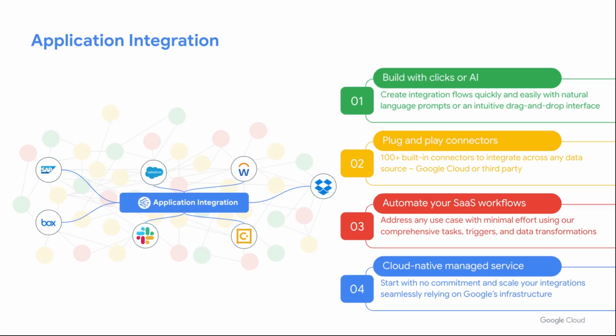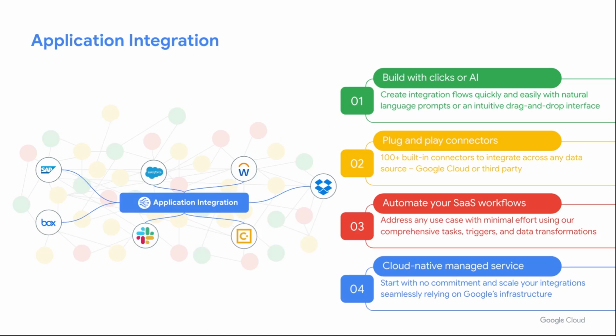So how do we solve this? We propose that you take a platform approach. Let's put application integration, GCP's iPaaS service, in the middle between all of your applications. And then you can start building these automations using a low-code interface. So you can build with clicks, or you can build with AI.